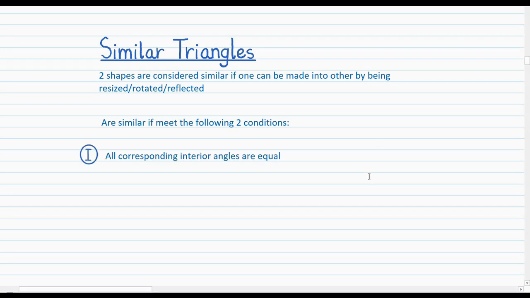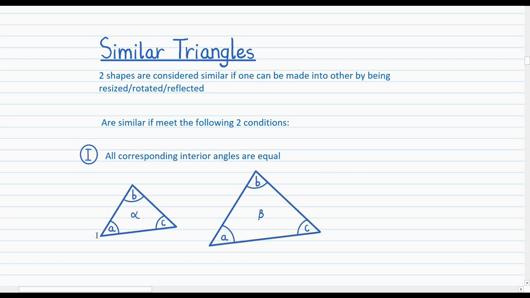The first of which is all corresponding interior angles are equal, such as in the following two triangles, where you can probably notice that they have a very similar shape but just different sizes. In which case you could say that alpha could be turned into beta by resizing it.